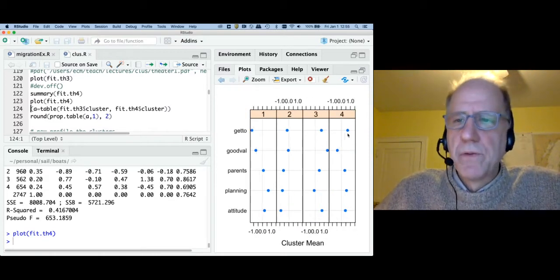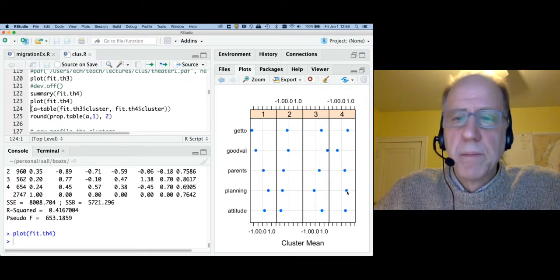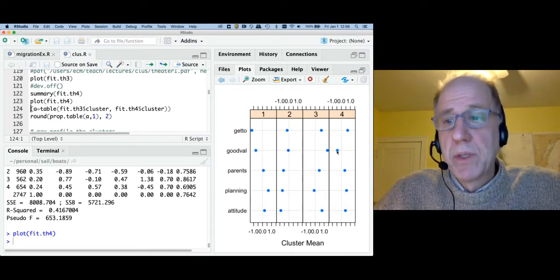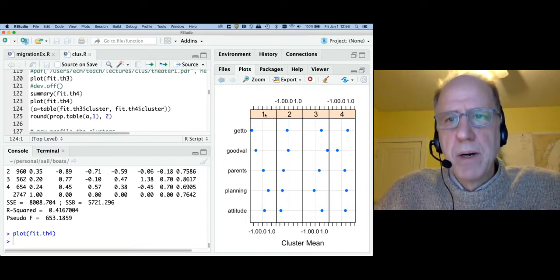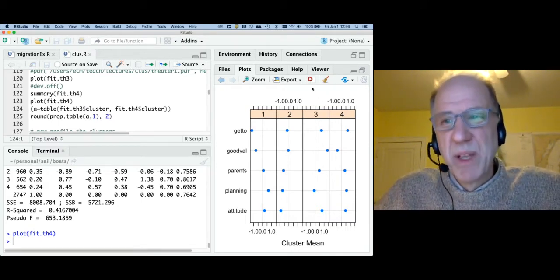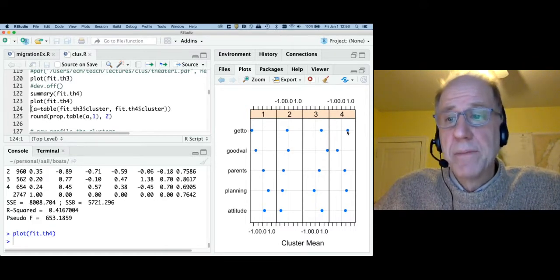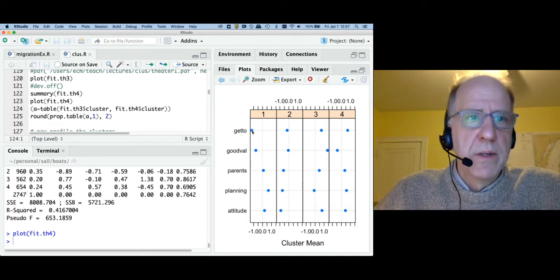And then I have a cluster 4. My cluster 4 is pretty similar, but they complain more about planning. They're not as positive about the perceived value. Their attitude isn't quite as good, but they find it pretty easy to get to. We've taken our barrier cluster and kind of split it into 2 groups. One group that finds it easy to get there, and another group that really complains about getting to the theater.